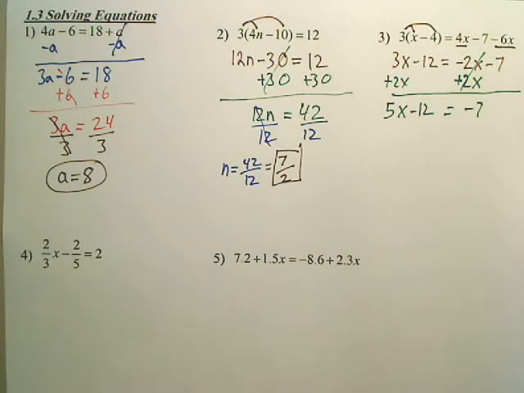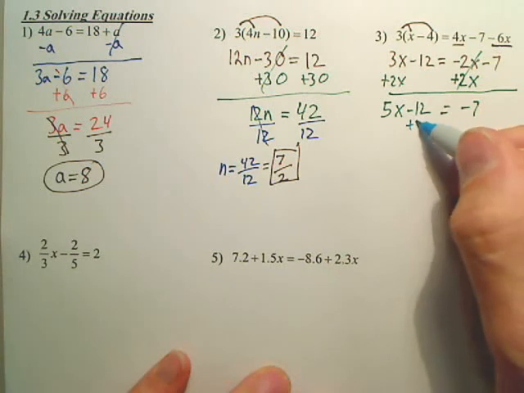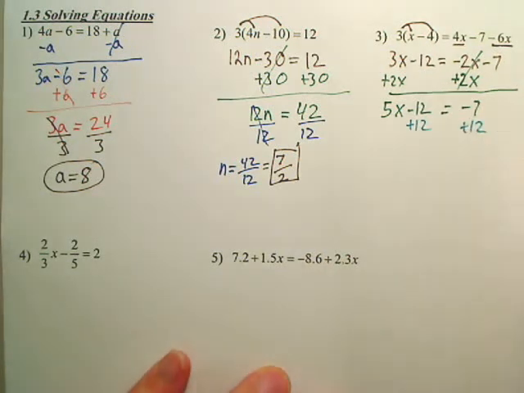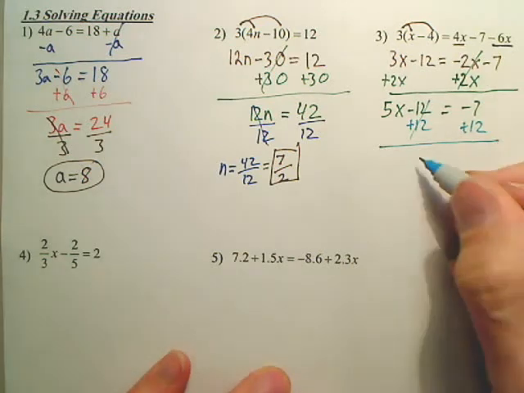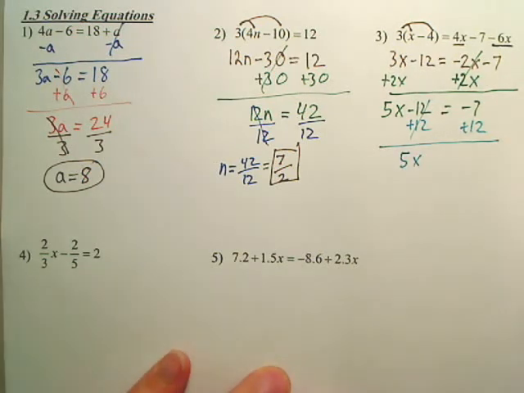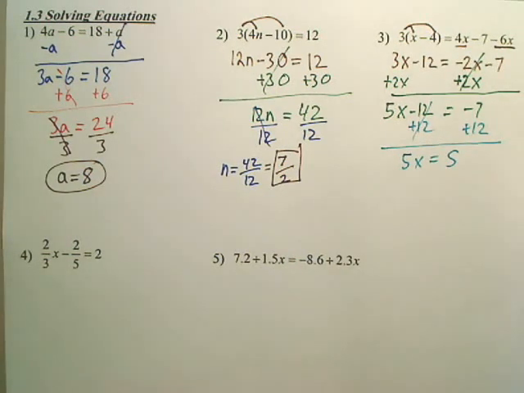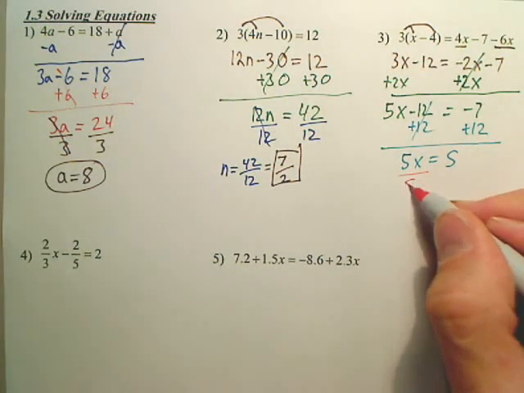What's the next step? Add the 12 over. So we have 5x equals 5. Now, can anybody guess the answer by looking at it? You should know 5 times 1 is 5, but technically you do this.